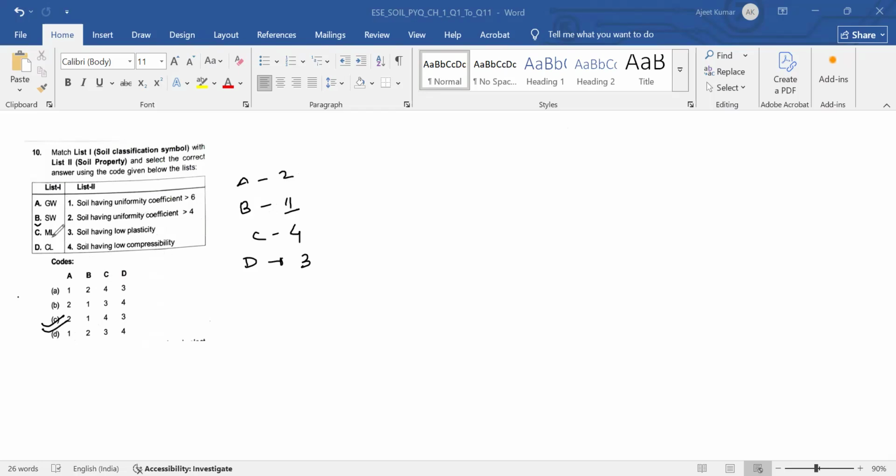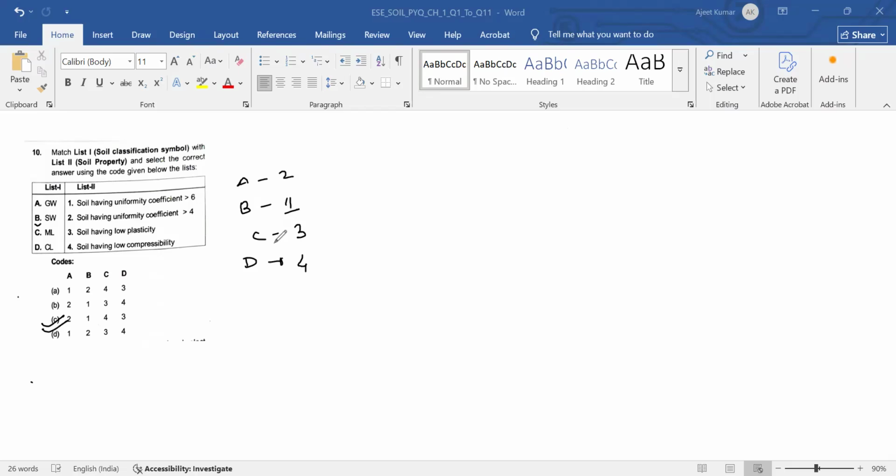So the confusion is in C and D. D will match with 4 because this is clay. C will match with 3 and D will match with 4.